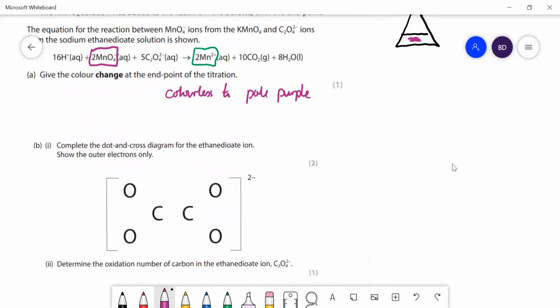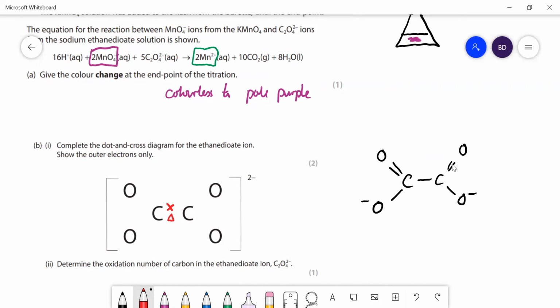Right, complete the dot cross diagram for the ethane dioate ion. So what is the ethane dioate ion? It looks like you've got double bonds. Let's do the dot cross diagram for that. I'll do this carbon as crosses, and this carbon as triangles, because we're going to need the dots for the oxygens.